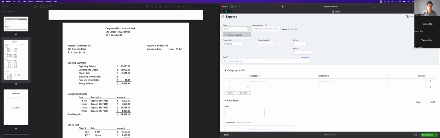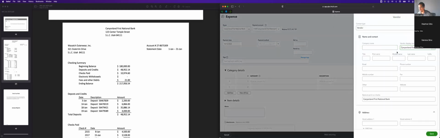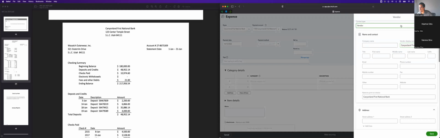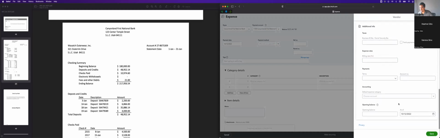Canyon Land First National Bank. Vendor. So much work. Customer, vendor, employee. I'm not going to put any of this other stuff. Taxes, just save.